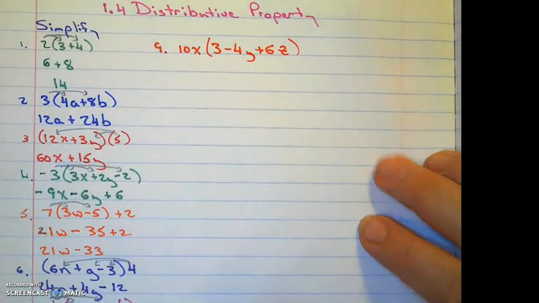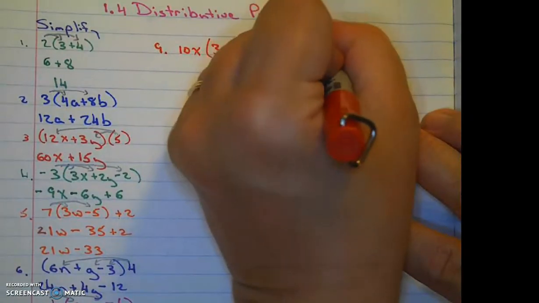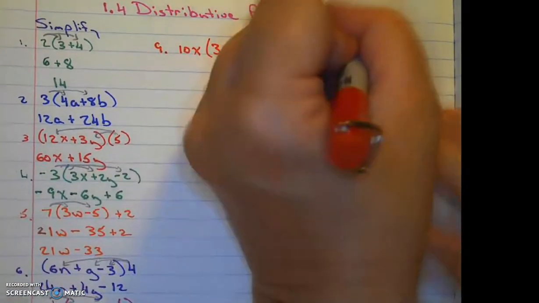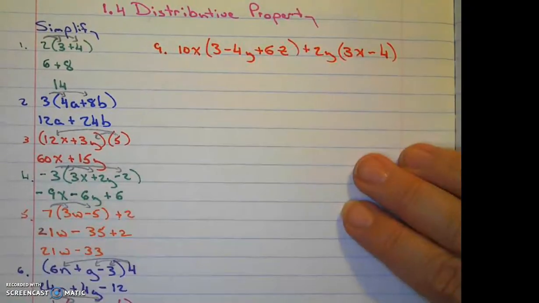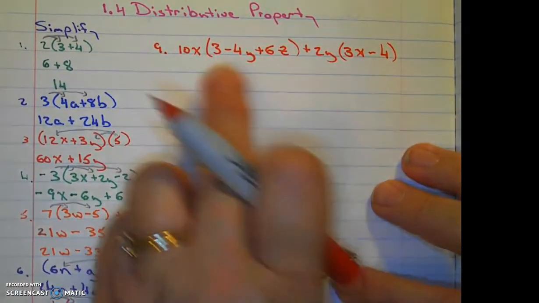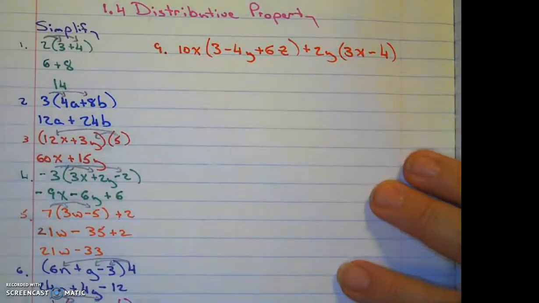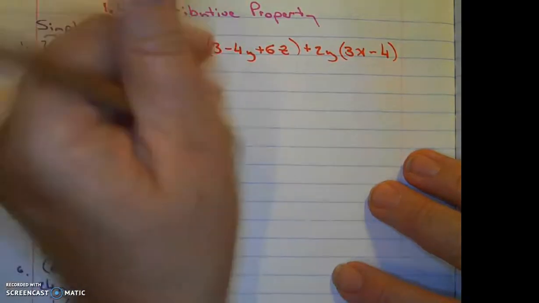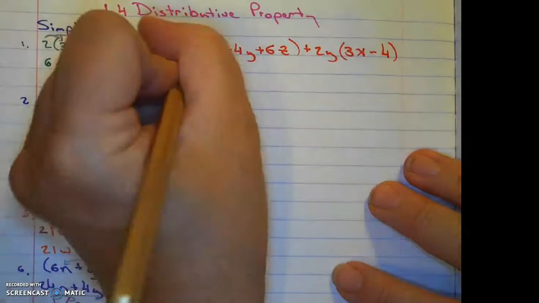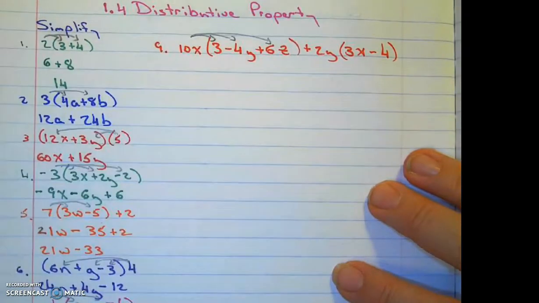But then, plus, we have 2y, and in parentheses, 3x minus 4. All right, in this case, I'll start with just 2 separate times of distributing. So we will do our 10x times 3, our 10x with the 4y, and our 10x with the 6z.